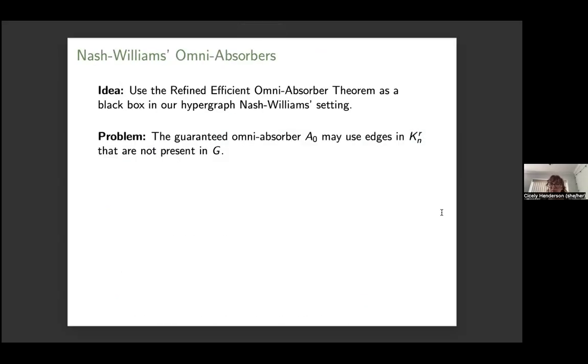Okay, so Nash-Williams omni-absorbers. The idea is still going to be to use Delcourt and Postle's refined efficient omni-absorber theorem as a black box in our hypergraph Nash-Williams setting.